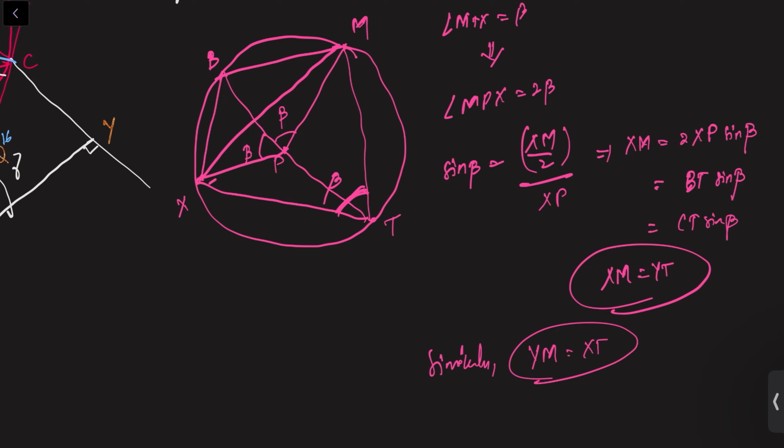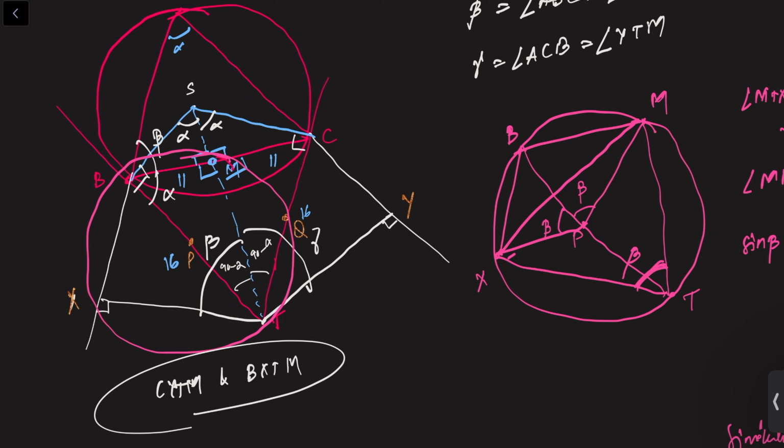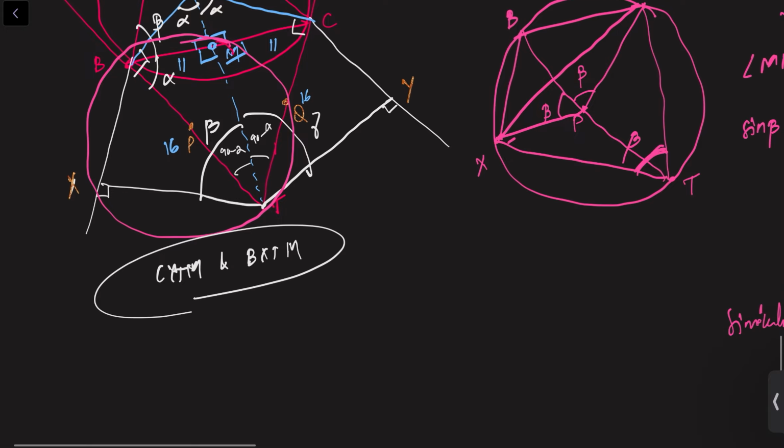So therefore, if we use Ptolemy's theorem in this setup, we have CYTM and even this BXTM. They are both cyclic quadrilaterals. If they are cyclic quadrilaterals, I can use that the sum of the products of opposite pairs of sides is equal to the product of the diagonals. This is by Ptolemy's theorem.